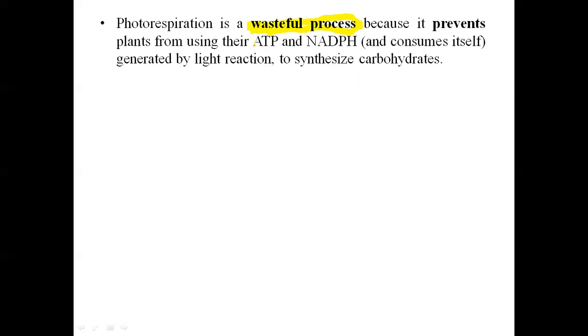Because it does not allow the plants to use ATP and NADPH, which were generated in the light reaction. So what photorespiration does, it consumes all this ATP and NADPH by itself, and then there will be no end product like in the Calvin cycle, where the end product was the sugar molecule, but here they do not synthesize sugars.